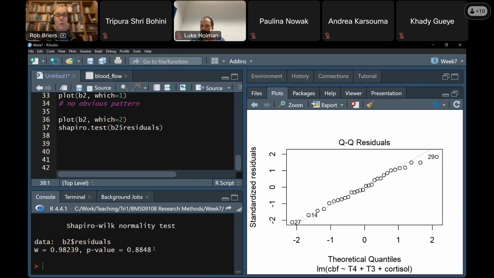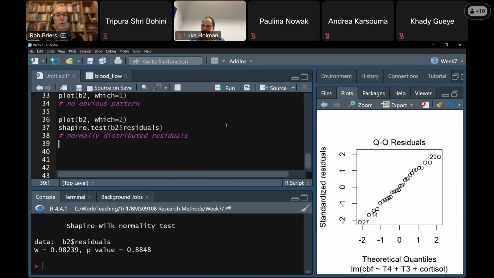And again, those are normally distributed residuals. So our assumptions are met. It's all looking good. So next we go on to the summary information again. So we can carry on.